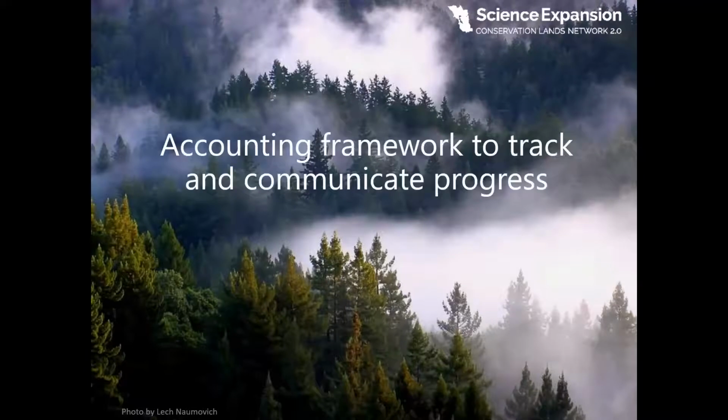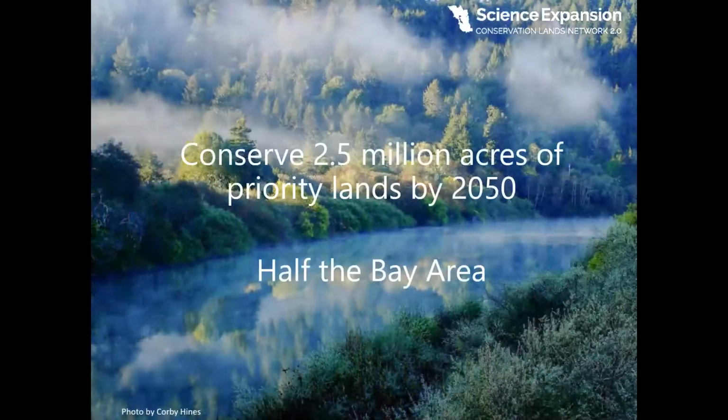And so what we also need is an accounting framework to track and communicate our aggregate progress so that the Bay Area can speak with one voice, that we have a plan, we put our heads together, and we have specific goals that we're working toward to achieve an ultimate goal of conserving 2.5 million acres of priority land by 2050. And that's about half the Bay Area.